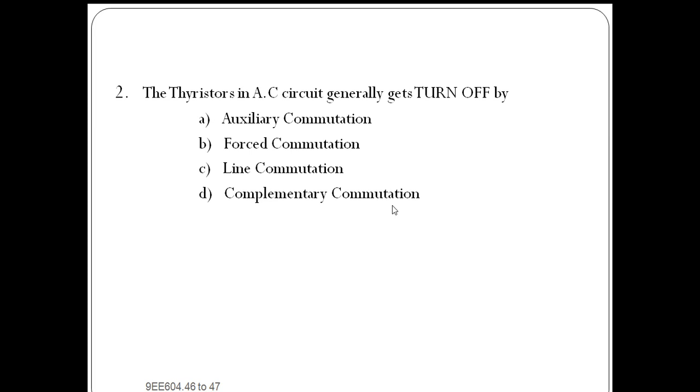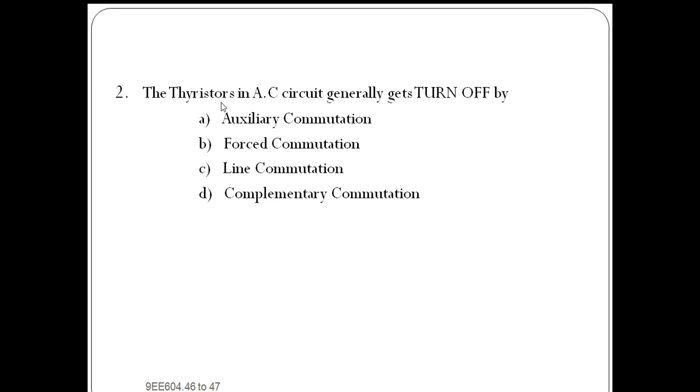If you are adopting the phase control technique, we are operating the circuits with the gate firing and the natural commutation. Natural commutation is nothing but whenever the supply is passing from 0 to negative half cycle, automatically the thyristor is reverse biased and the anode current is reduced below the holding current, and it is kept off as the thyristor is reverse biased. This phenomenon we are calling natural commutation. It is also called line commutation.